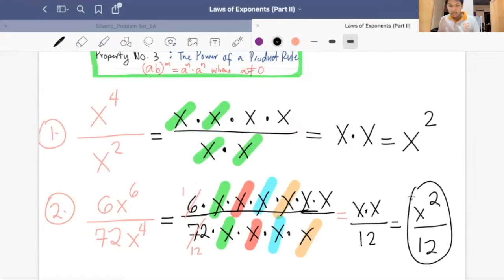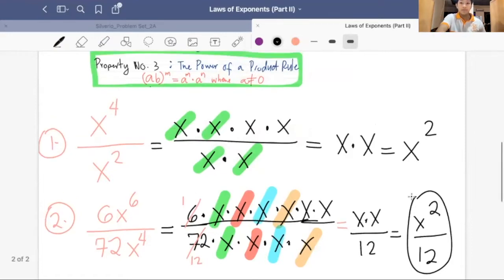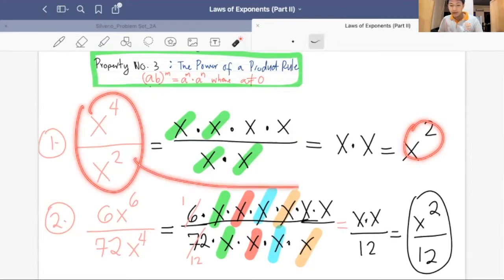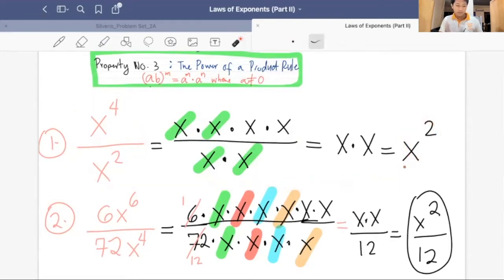And this is our final answer. Now, I want you to observe x to the fourth over x squared. The answer of that is x squared, right? We have 6x to the 6 divided by 72x to the fourth, and the answer is x squared over 12. What pattern do you see? If you observe here, we just subtracted the 2 from 4.